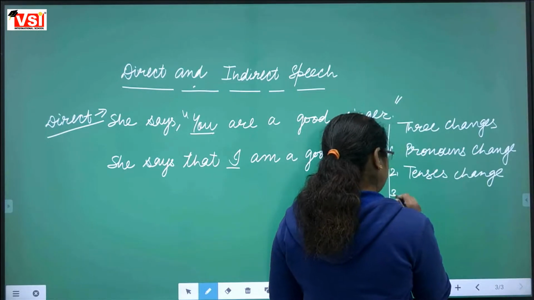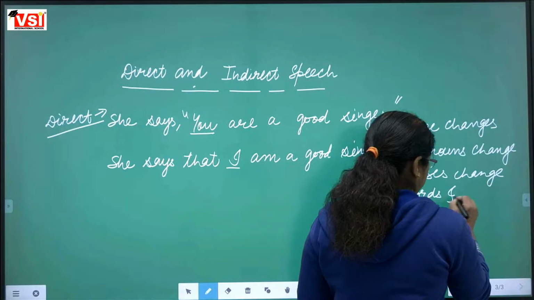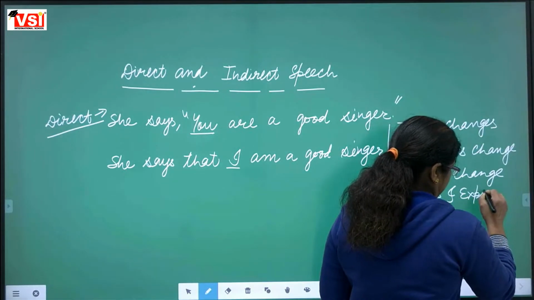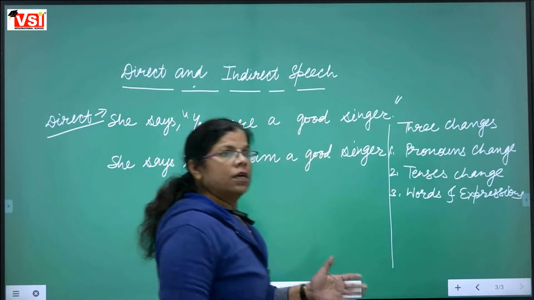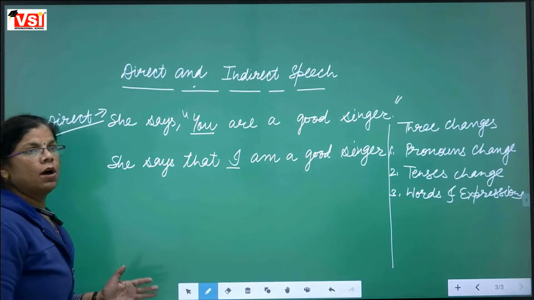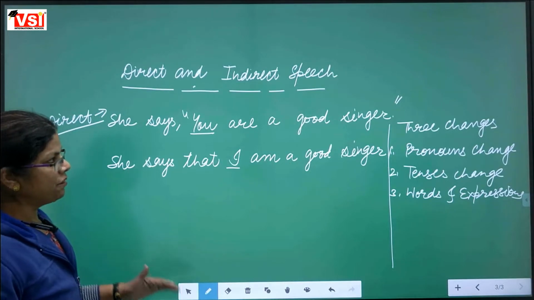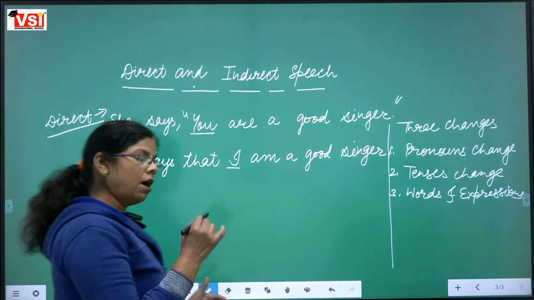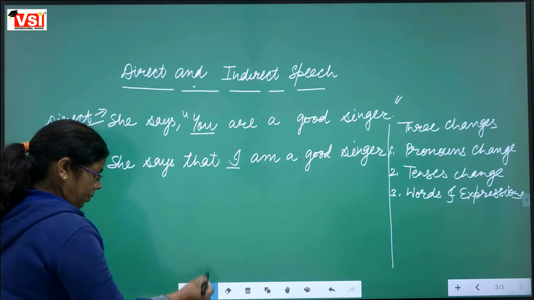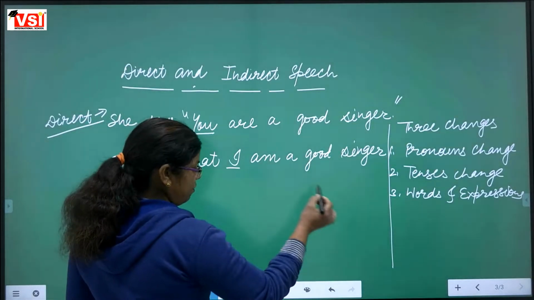Third kind of change is words and expressions change. And we have already discussed how the pronoun changes are done. Right now we are discussing how the changes in tenses will be done.